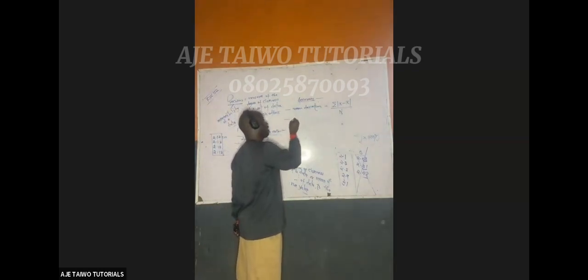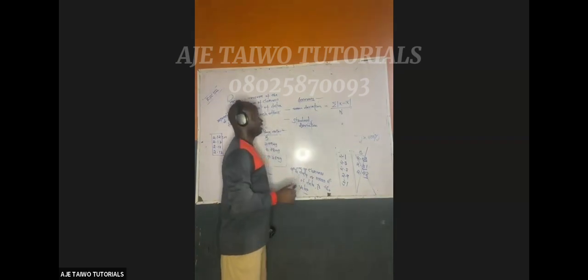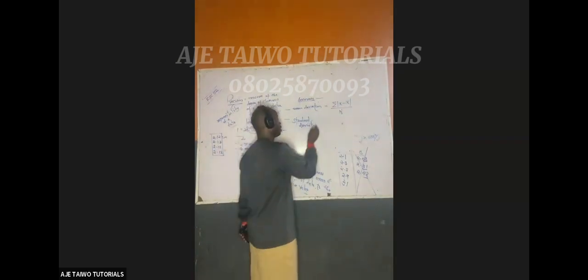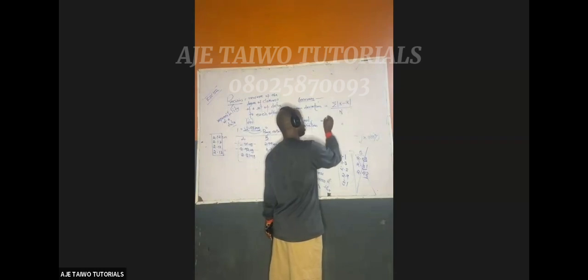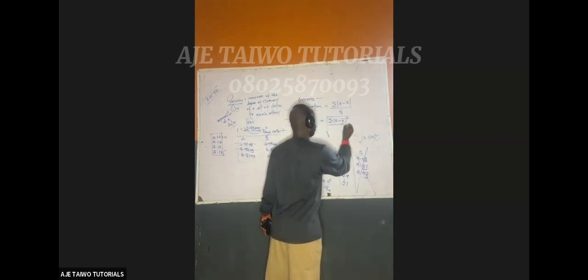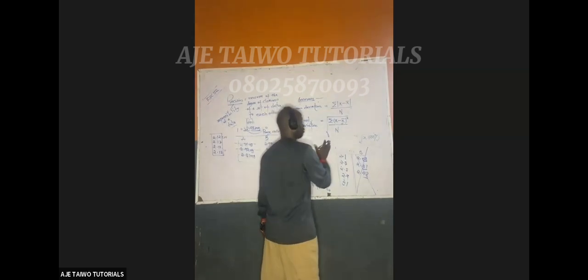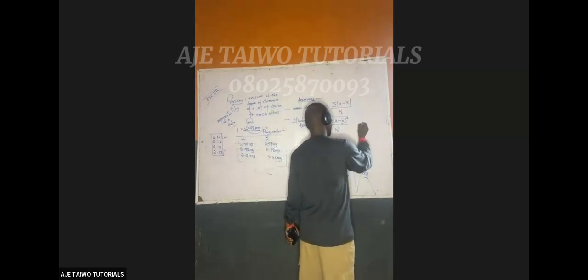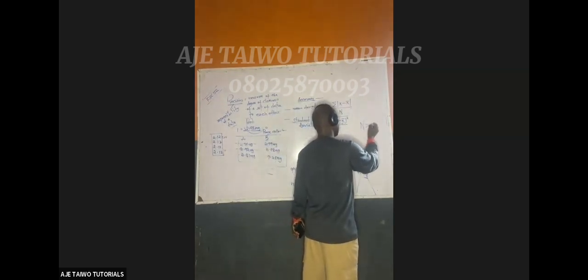Now, my standard deviation is equal to the square root of summation x minus x bar all squared over n, provided n is greater than 25.